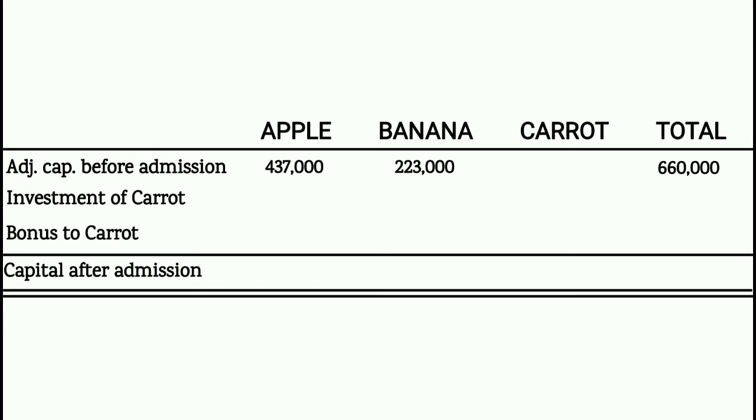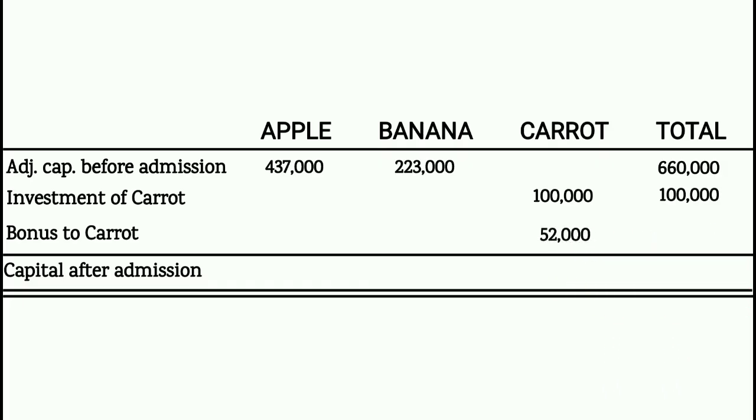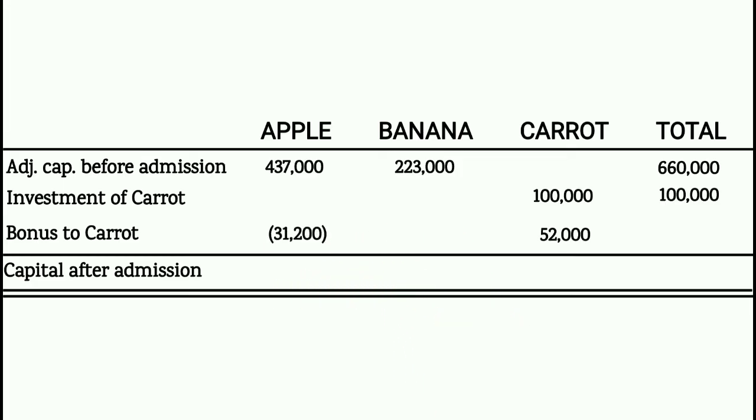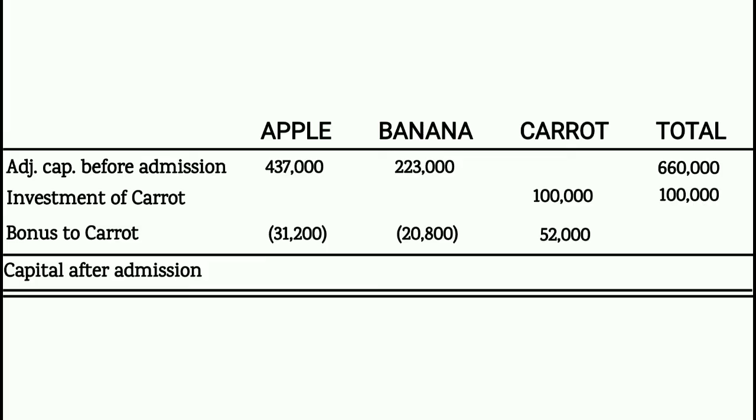May investment si Carrot na 100,000 pesos. At merong bonus to Carrot na 52,000 pesos. Since dinebit natin yung 31,200 kanina, i-deduct natin yan sa capital ni Apple. And since dinebit natin yung 20,800 kanina, i-deduct natin yung 20,800 sa capital ni Banana.